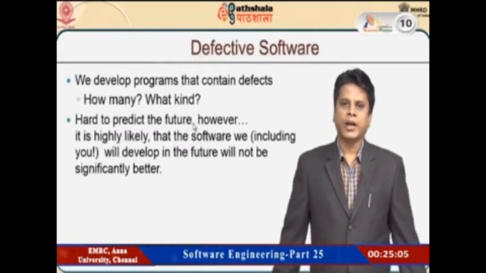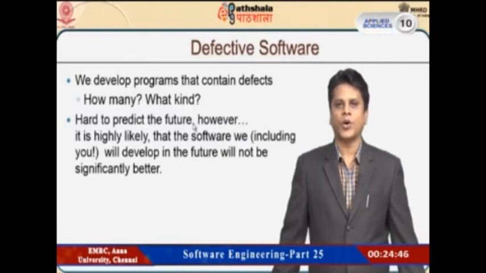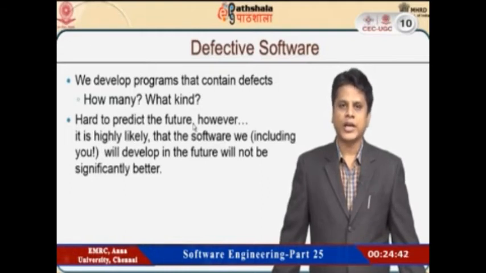So what do we mean by defective software? Are the softwares which are manufactured really defective, or do we call those really defective softwares? We try to develop programs, yet they contain defects. After having mentioned the defects, how many defects are involved or what kind of defects are involved is the major challenge that we may have to find out.